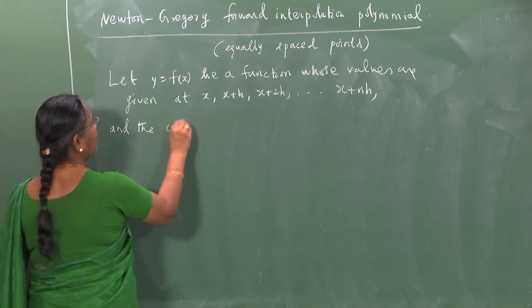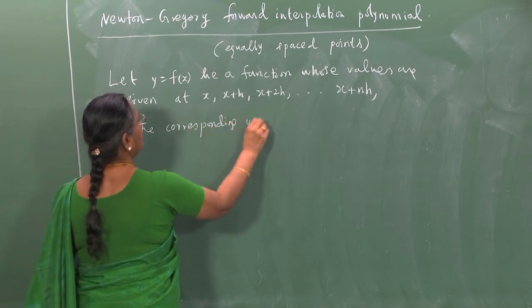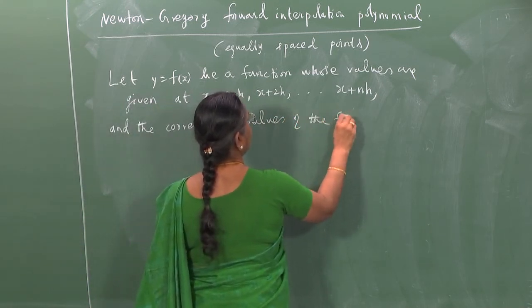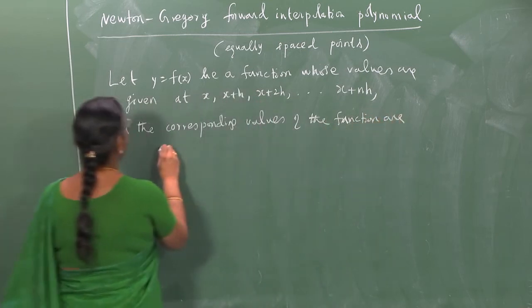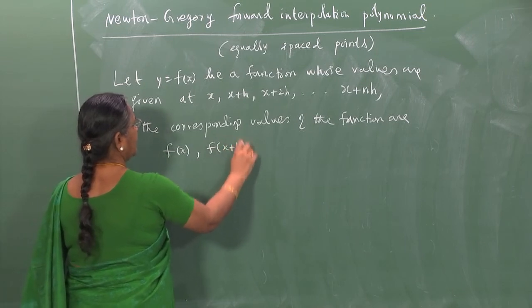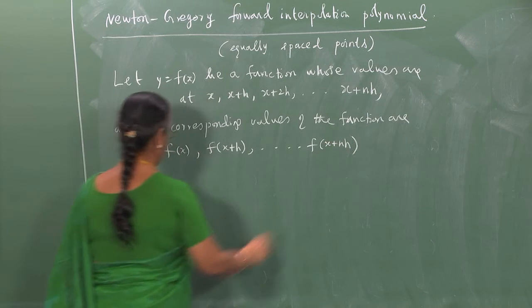The corresponding values of the function are f of x plus h, etc., f of x plus nh.